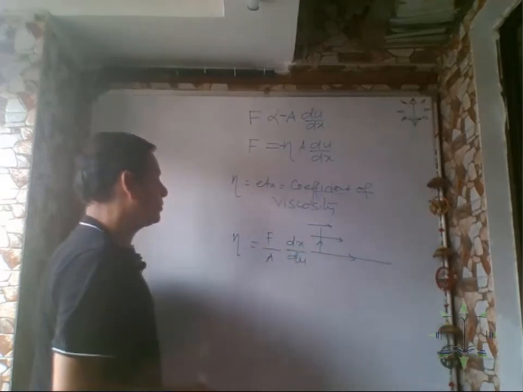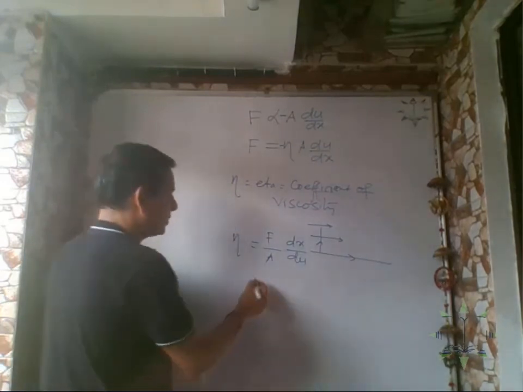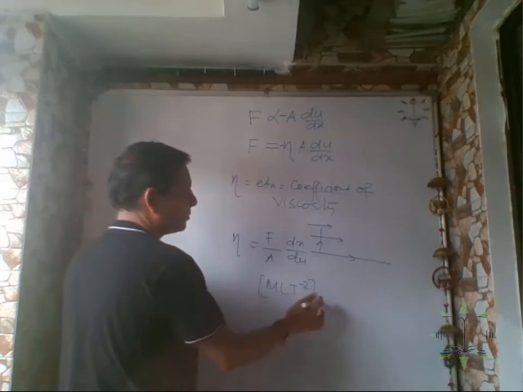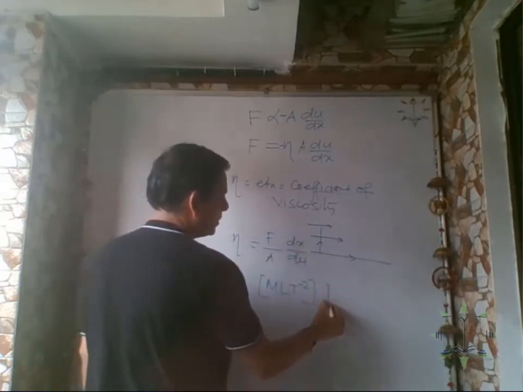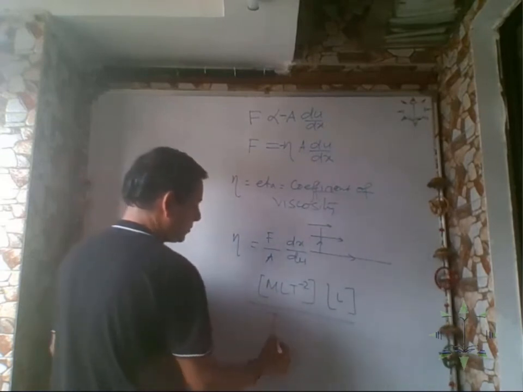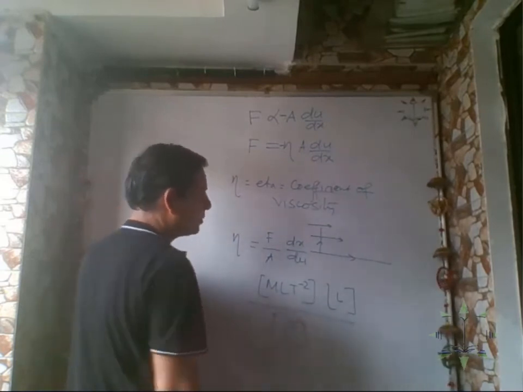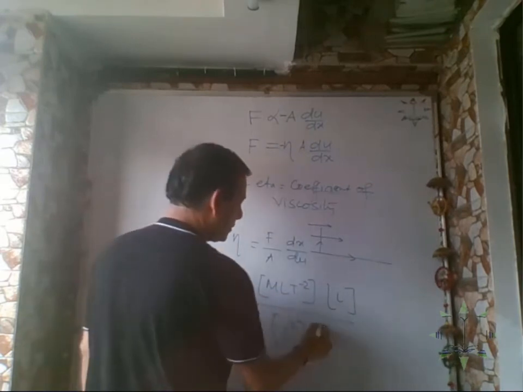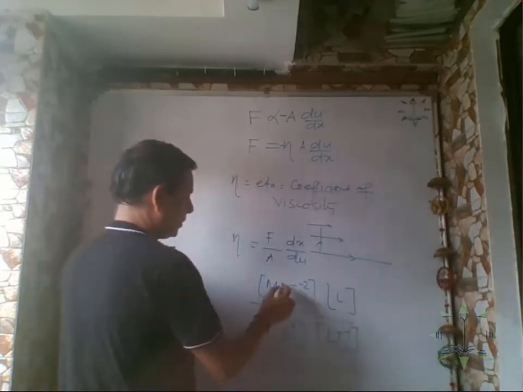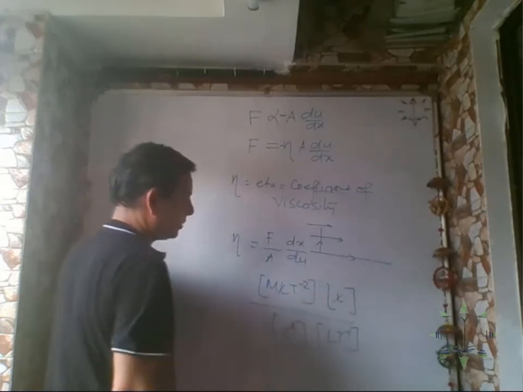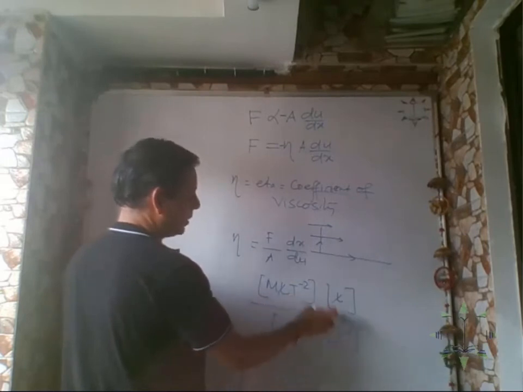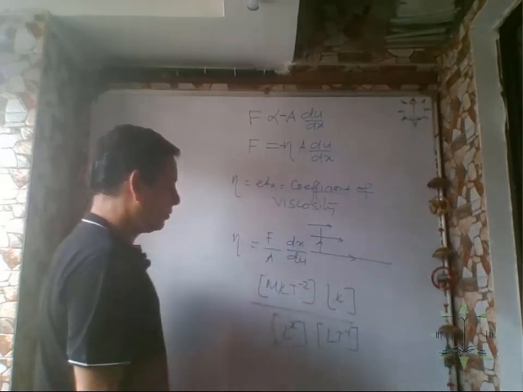If you want to find out the dimensional unit, force has dimension M L T to the power minus 2, kg meter per second square. Dx is nothing but distance, L. Area is meter square, so it is L square. Du is velocity, meter per second, L T to the power minus 1. So L square cancels out. Okay, one L left, and T to the power minus 2 becomes T to the power minus 1.